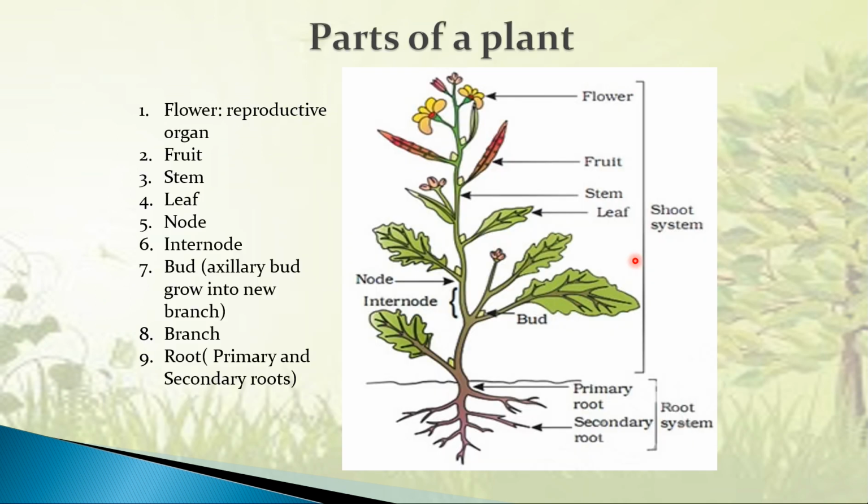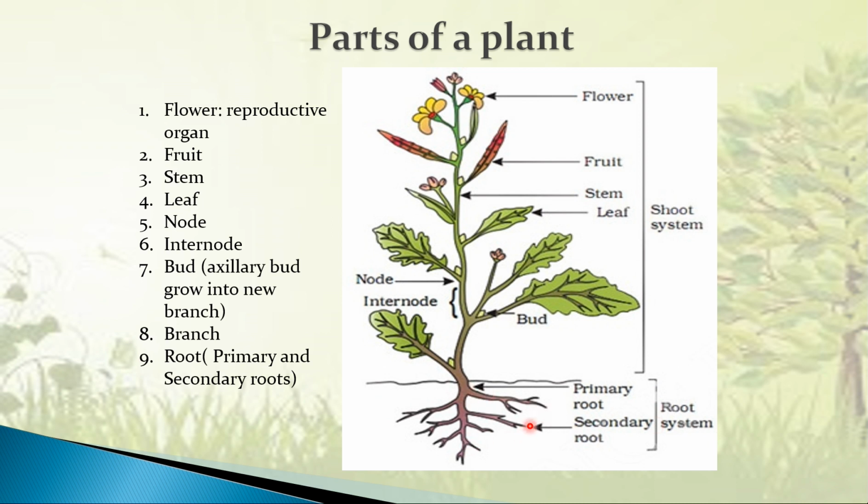Now, parts of a plant. All flowering plants have two main systems. The first one is the root system, the second one is the shoot system. The root system is the underground non-green part of a plant. The root system consists of the primary root and secondary roots.